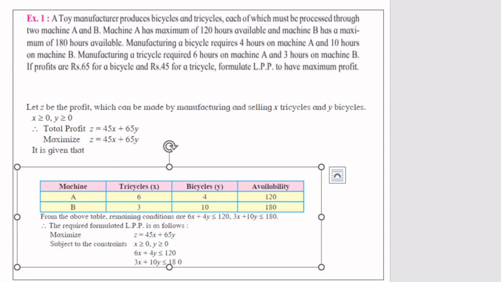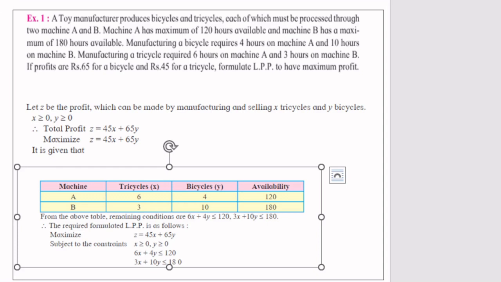You have to identify the variables, frame the equation, and solve the equation. Later it will come how to maximize and minimize. That is the later part. The first part, to frame the equation, is mandatory. If your equation is wrong, well, for a bright future your base should be strong. Let's read this in detail, line by line. What is written? A toy manufacturer produces bicycles.